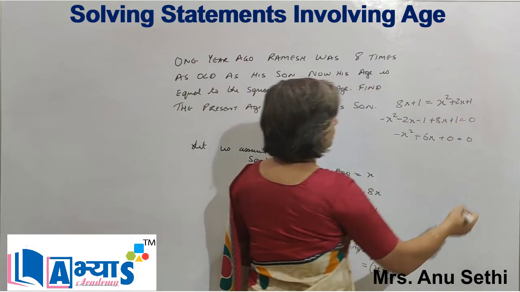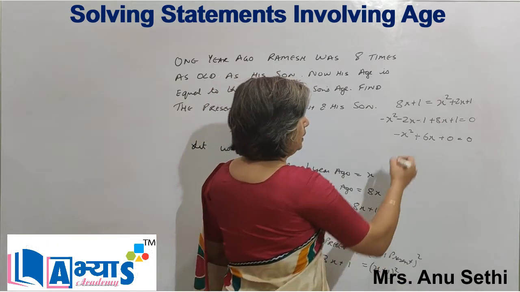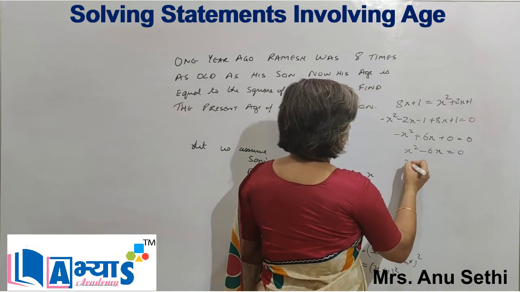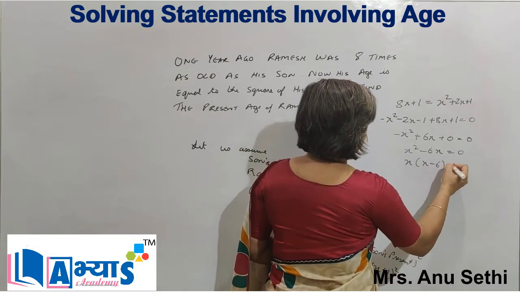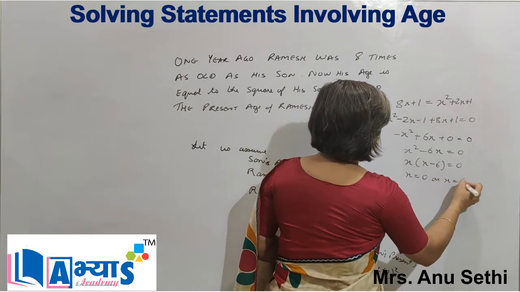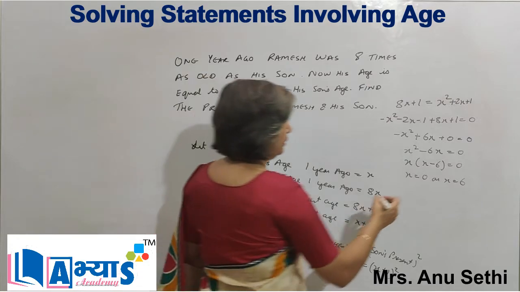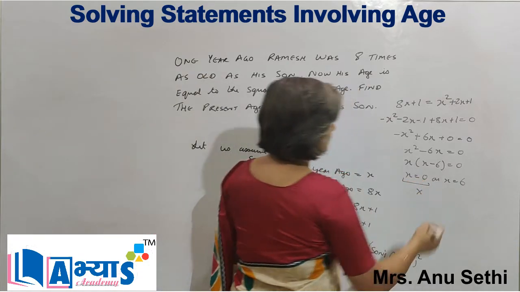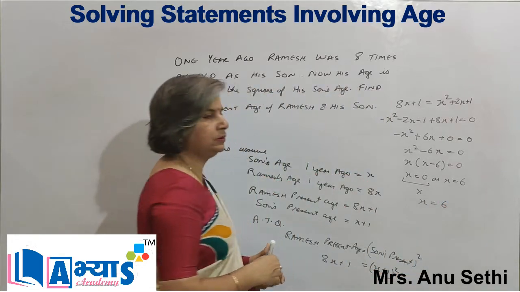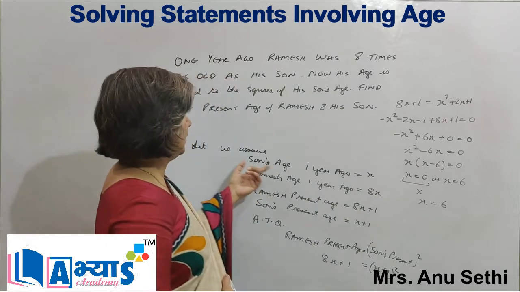Further simplifying, x square minus 6x is equal to 0, so x is equal to 0 or x is equal to 6. Because the age cannot be 0, we will cancel out this answer, so x will be equal to 6.